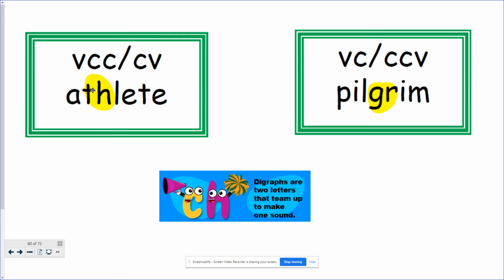So it'd be ATH, LETE, athlete. So we clapped it out, athlete. Then we have pilgrim. So again, we look at this vowel, consonant, vowel, and then we're going to break it right before that. So pilgrim.